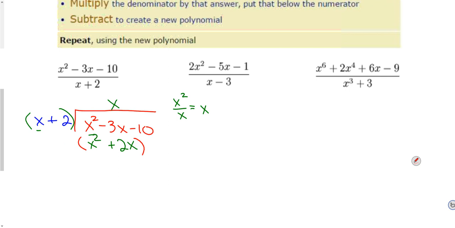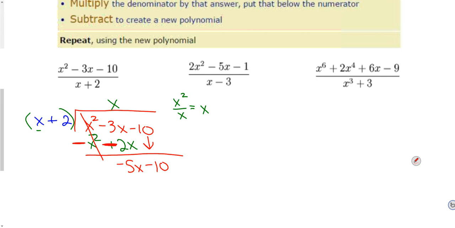So instead of putting in parentheses and subtracting the whole thing, I'm going to subtract it by changing every sign. And then this is going to create my new problem. So my new problem, just cross this out. Negative 3 minus 2x is negative 5x. And then we bring down the negative 10, just like we did in the other long division. So now that's the new problem.